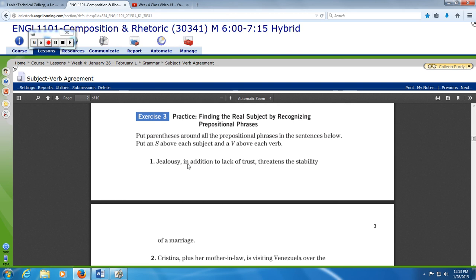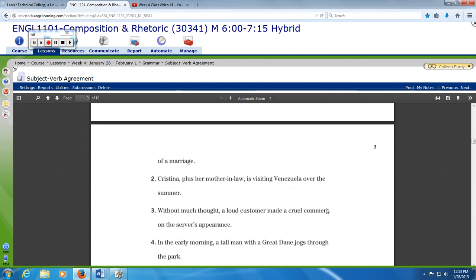But in this case, it's two prepositional phrases. In addition to lack of trust, actually there's three prepositional phrases, right? So, your subject is jealousy. Your verb is threatens. Of marriage is also a prepositional phrase. So, plus her mother-in-law.